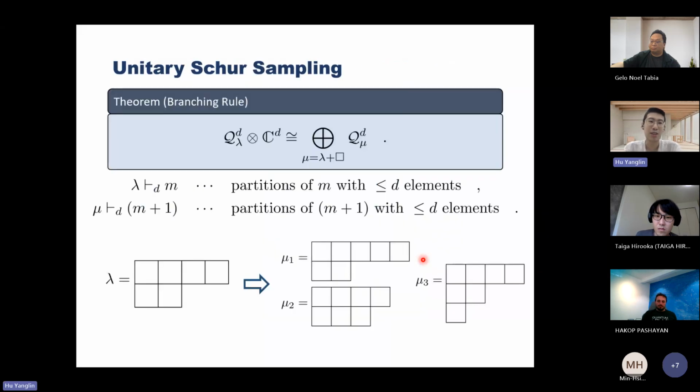In order to do the unitary Schur sampling efficiently, there is another theorem, which we call the branching rule. That means suppose you initially have a Q lambda subspace, and then you append another ancilla that is in the C^d subspace.